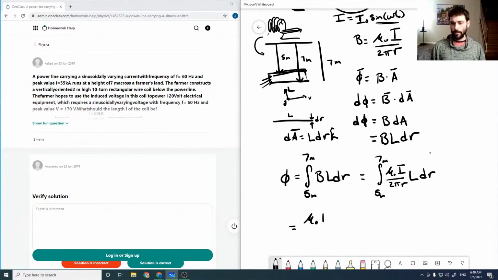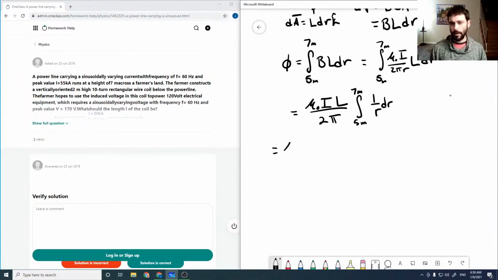So mu naught I doesn't depend on the radius, and neither does the length. And so this is just the integral from 5 meters to 7 meters of 1 over r dr, which is just a ln.